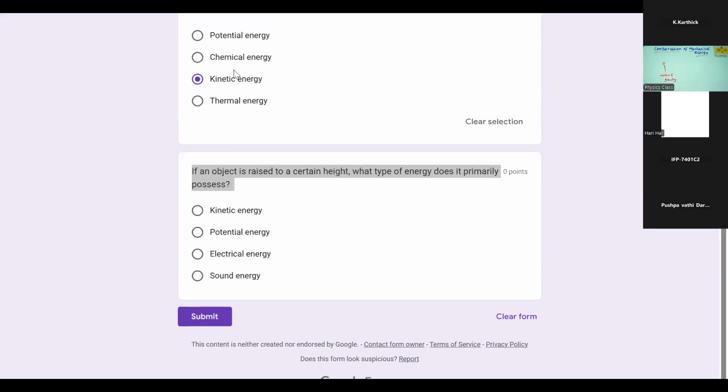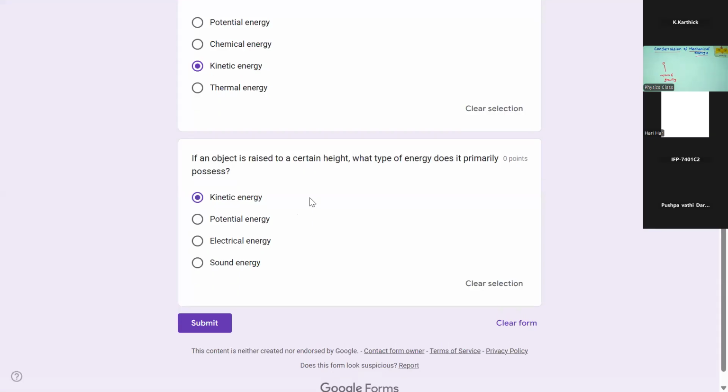Potential energy, option B. Yes, very good. So, if the object is raised to a certain height, the energy it has is called potential energy.